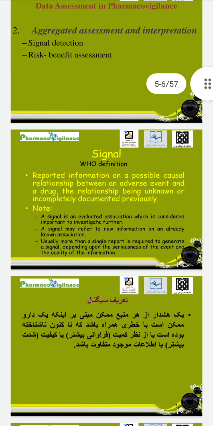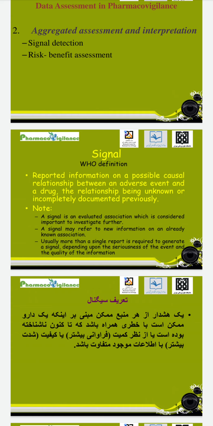Note: a signal is an evaluated association which is considered important to investigate further. A signal may refer to new information on an already known association.